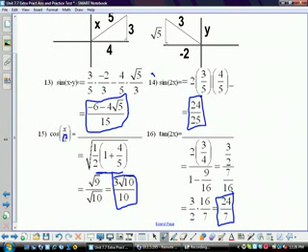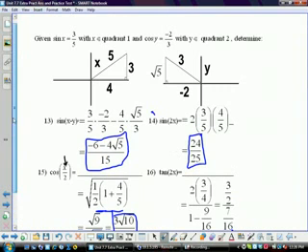Okay, so it's a half angle, right? Because it's divided by 2. So you guys, half angle means divided by 2. This tells me what triangle to go to. Go to X. Here's my X triangle.